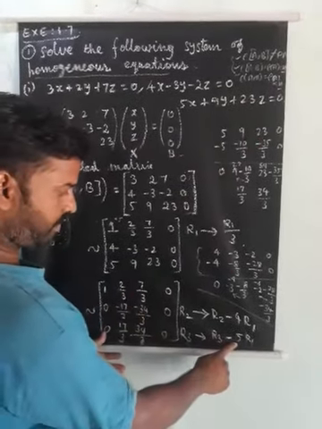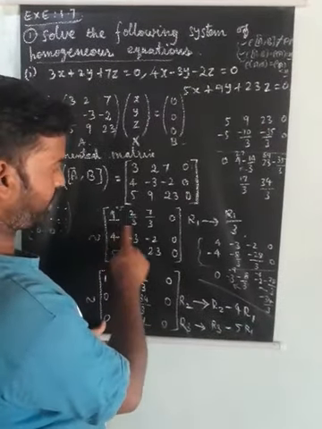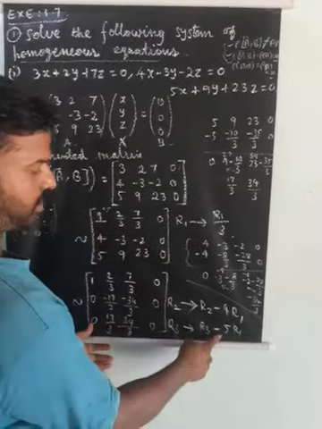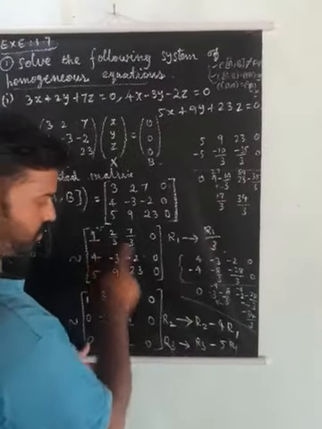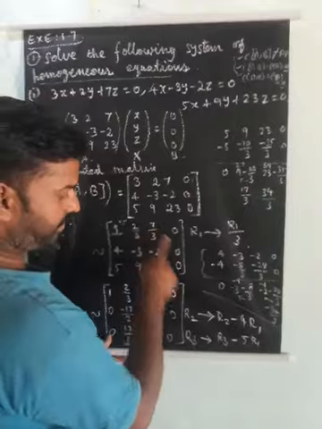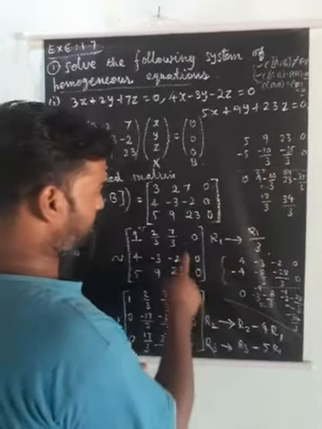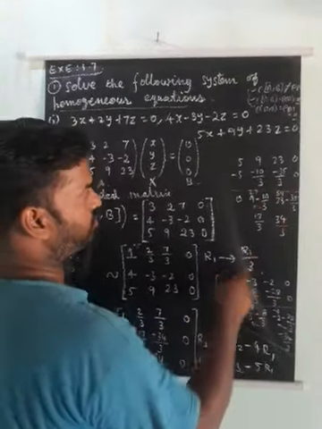Multiplying R1 fully by 5: 5 into 1 is 5, 5 into 2/3 is 10/3, 5 into 7/3 is 35/3, 0 into 5 is 0.